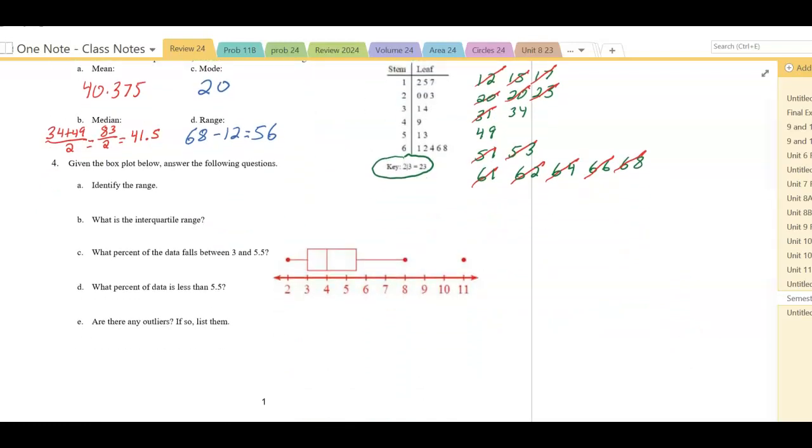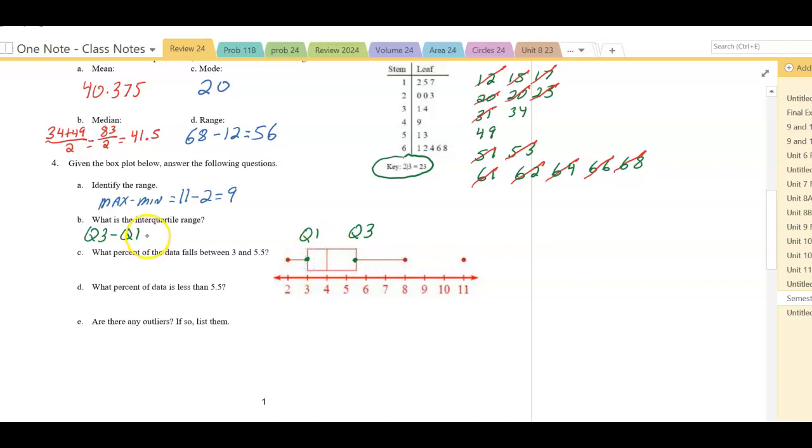For problem number 4A, the range is max minus min. So in this problem, it would be 11 minus 2, which is 9. The interquartile range is Q3 minus Q1, and this is Q3, and this is Q1.